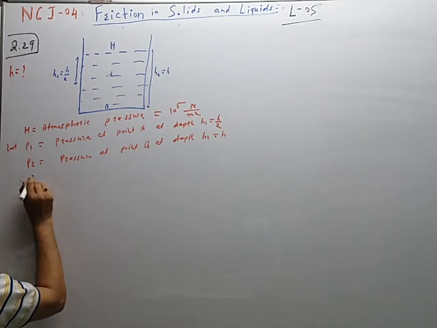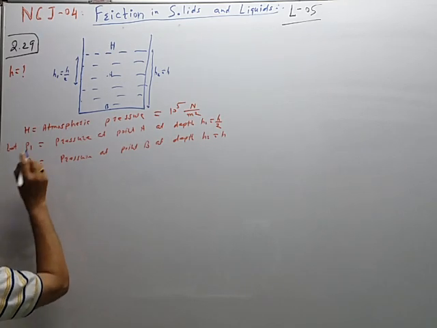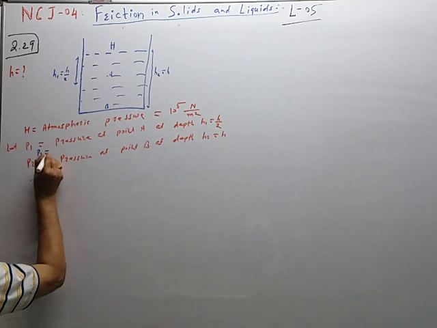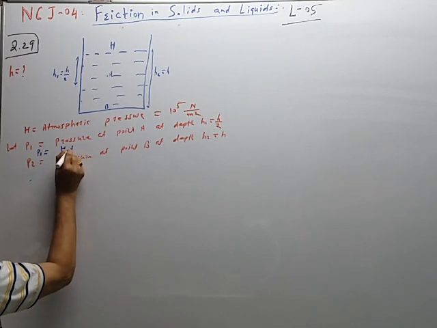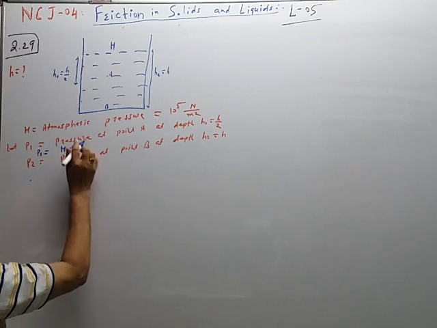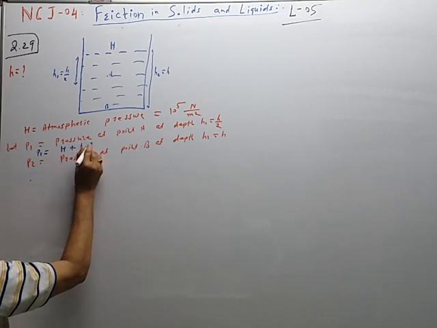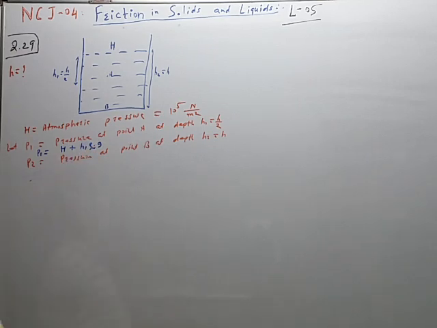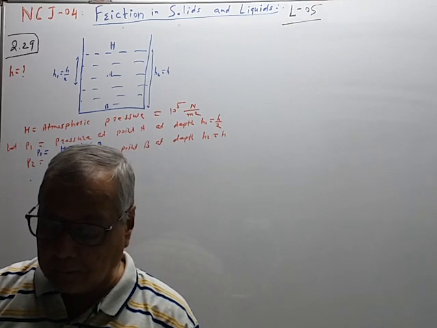Therefore, this P1 is equal to capital H plus H1 rho G. This is water, density of water.